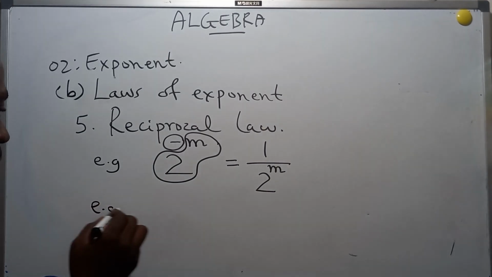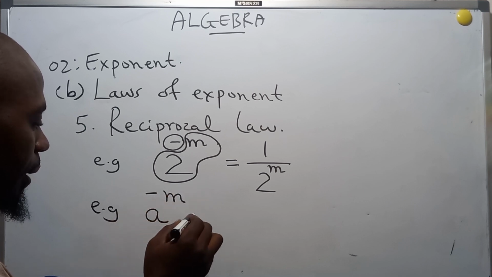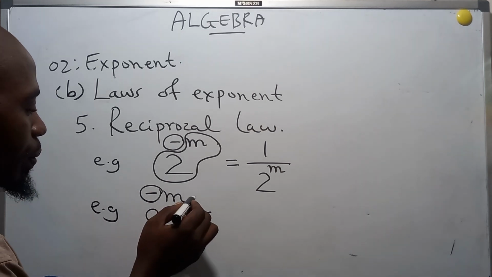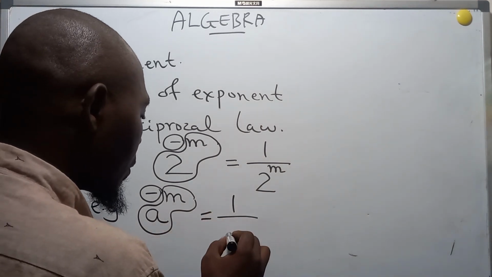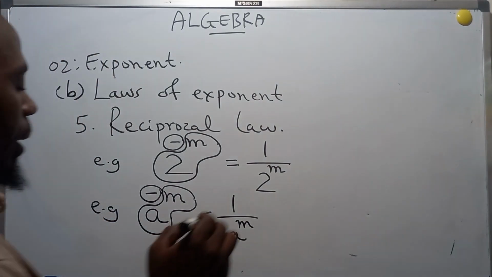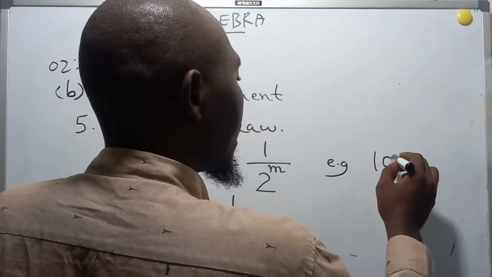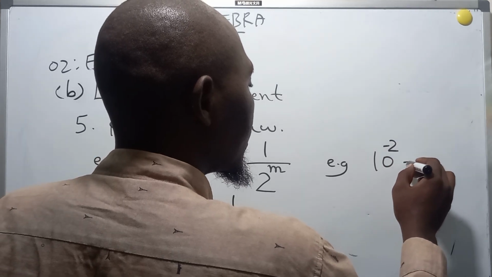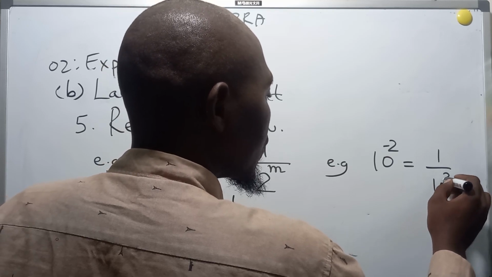As well, a raised to negative m means the negative tells us to find the reciprocal of a raised to the power of m, 1 over a raised to the power of m. As well, 10 raised to the power of negative 2 means 1 over 10 raised to the power of 2.